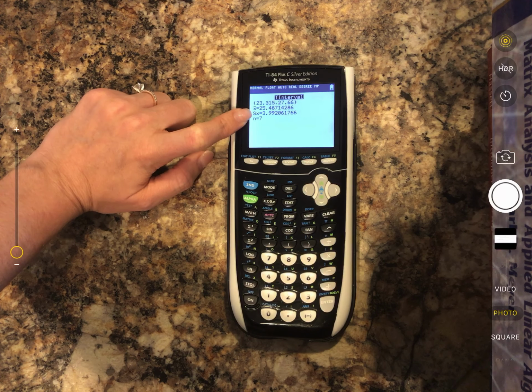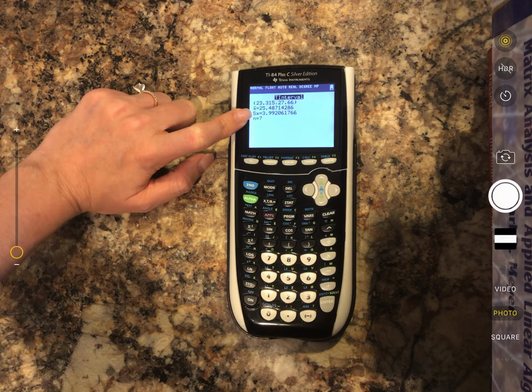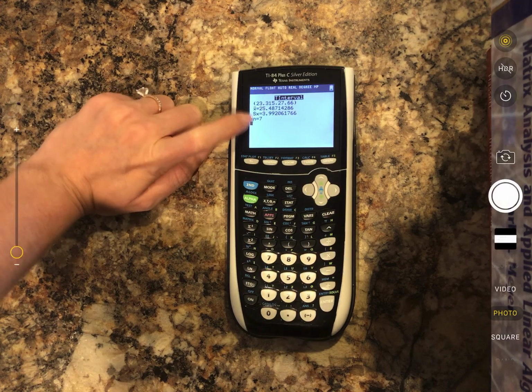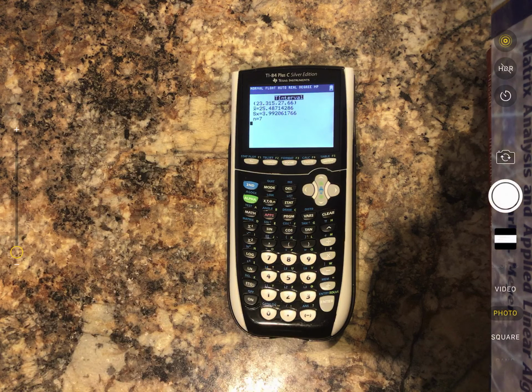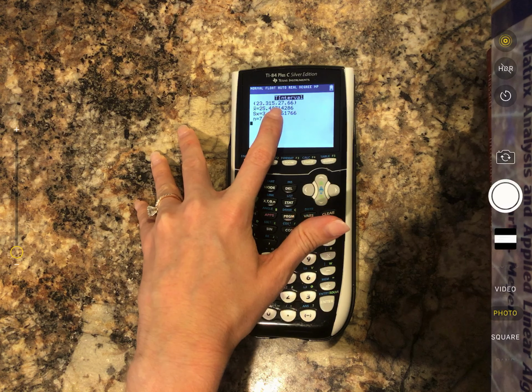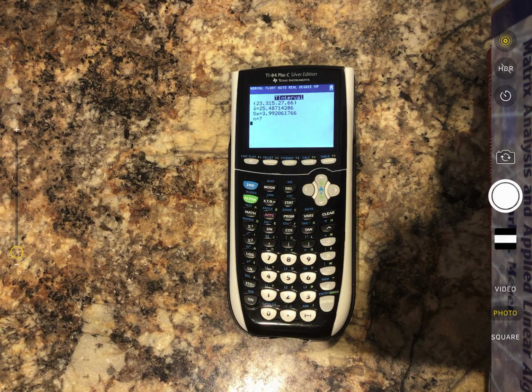They've told us that there are 7 data points, and this Sx, if you remember from one variable stats, is actually the standard deviation of that list. So you can also get that information from here as well. But the thing that we were interested in was the 80% confidence interval, which is 23.3 roughly up to 27.7 roughly, depends on how many decimal places they want.